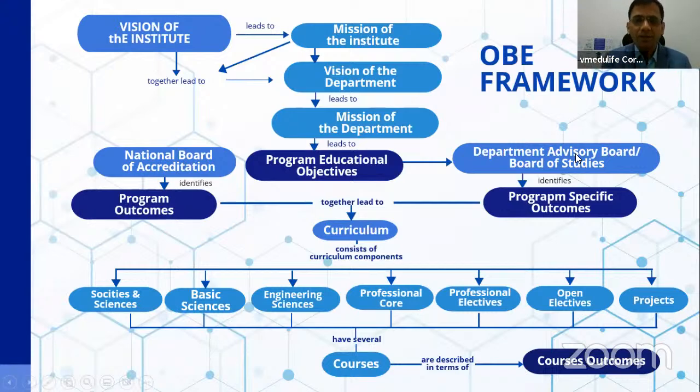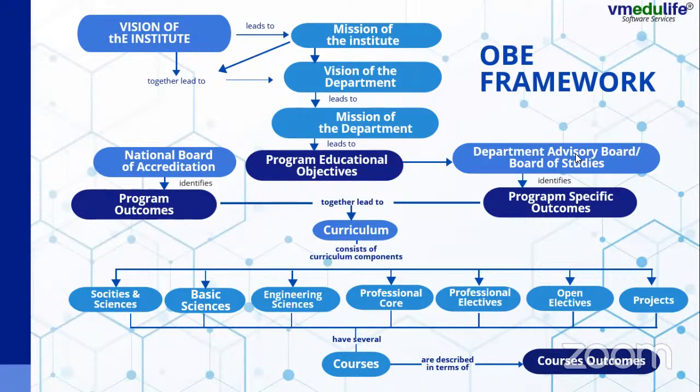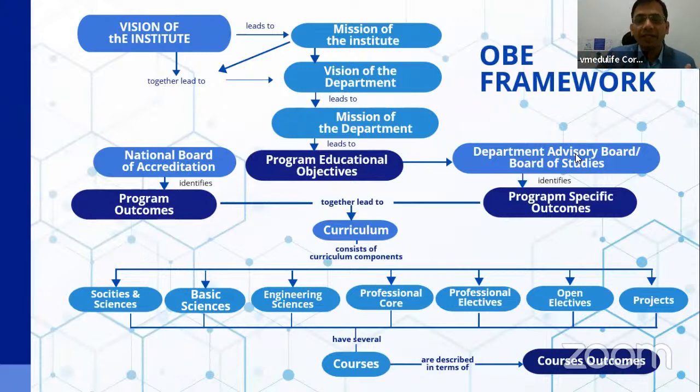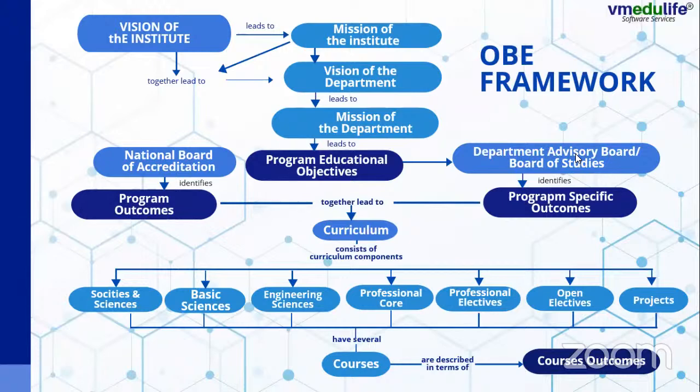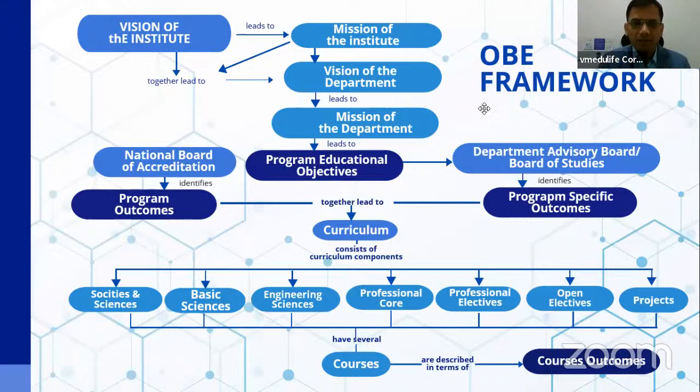The vision of the institute is a very broad statement. Then we split the vision into statements of the mission, and the mission clarifies the ways of attaining the vision. So the mission gives a certain methodology, certain ways in which we could achieve the vision of the organization. Then again, departmental level missions are there. The board of accreditation has already given the statements of our POs, program outcomes. We will define and design the statements of PSOs as well as PEOs.